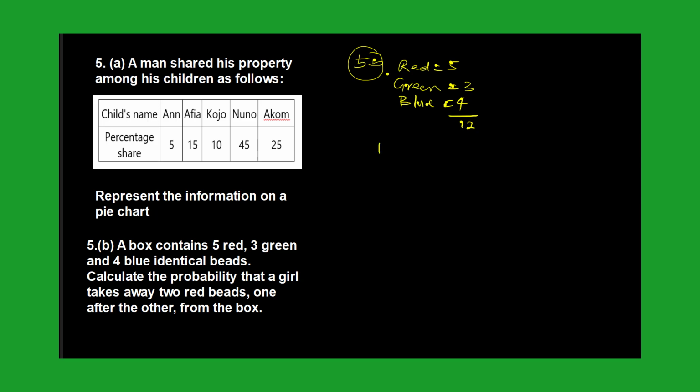So the probability of red will be 5 over 12. From the question, the girl picks two red beads, one after the other. So the first pick will be 5 over 12.